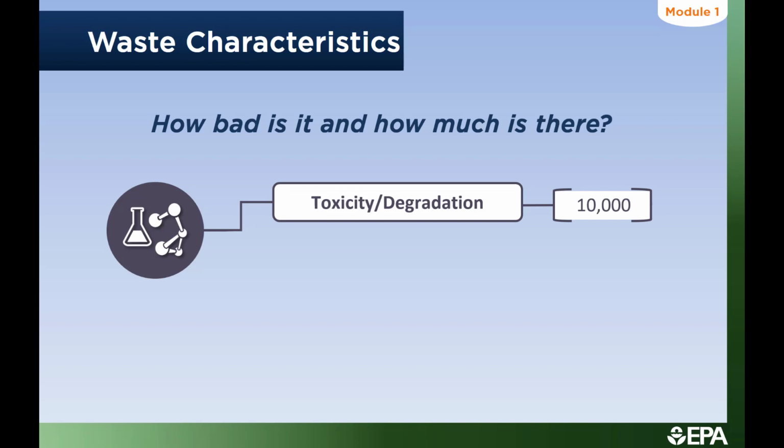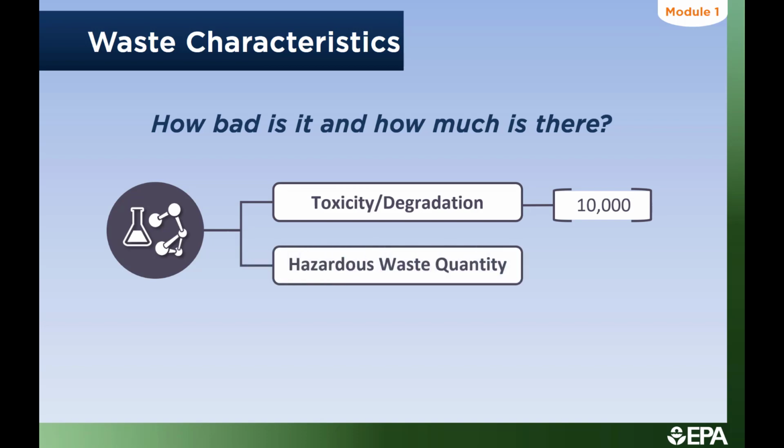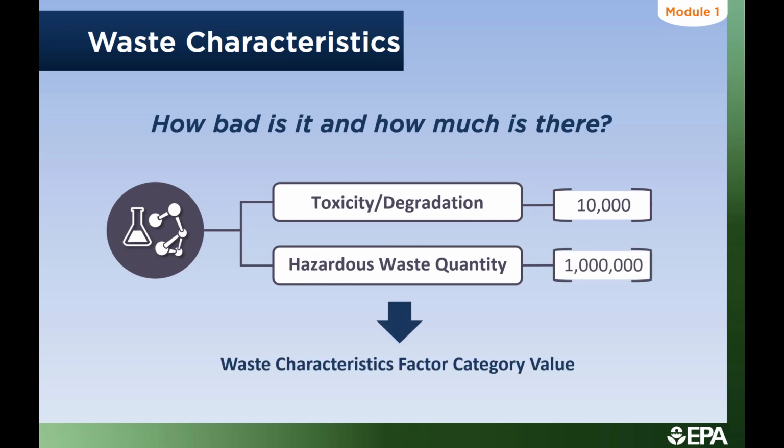These factors are combined together and can have a maximum possible value of 10,000. The hazardous waste quantity factor evaluates only the amount of contamination in the structures to which populations are exposed or likely to be exposed, and not the contamination in the subsurface. A maximum value of 1 million can be assigned to the hazardous waste quantity factor.